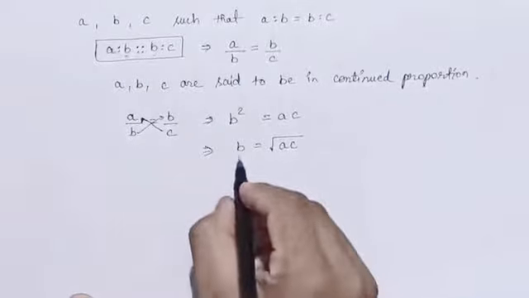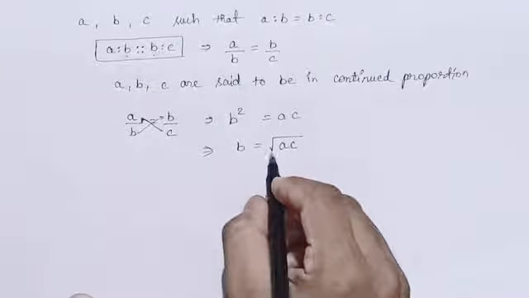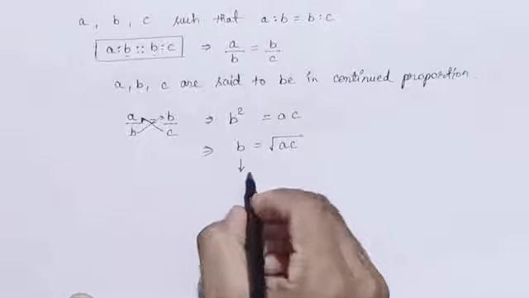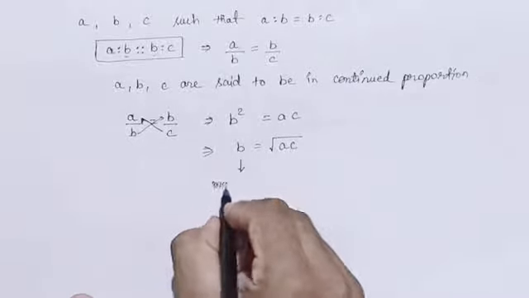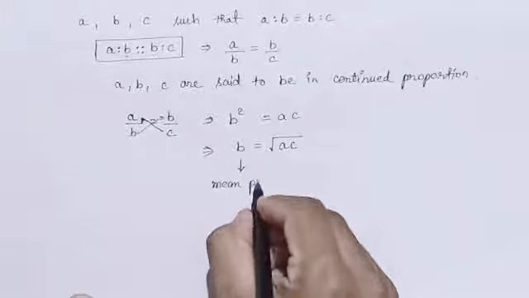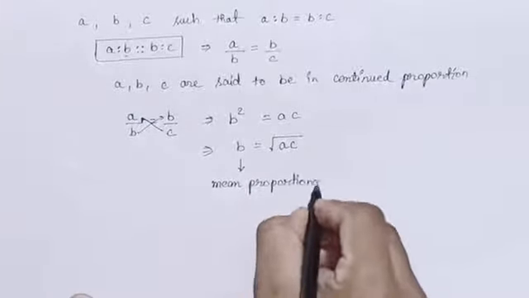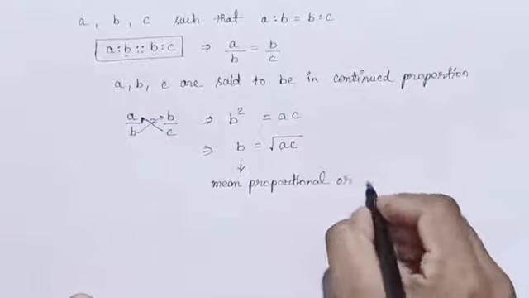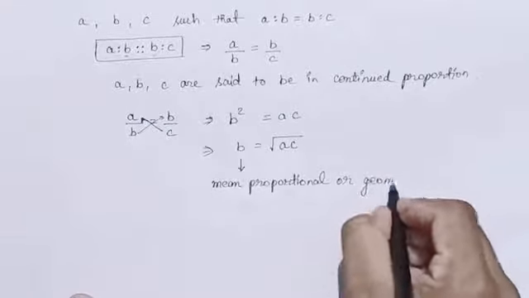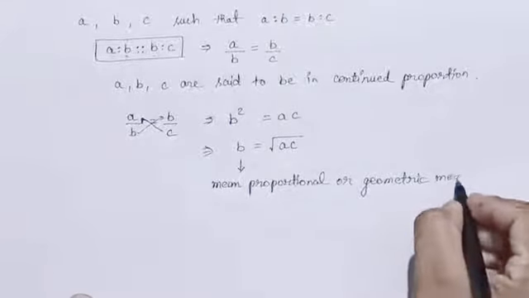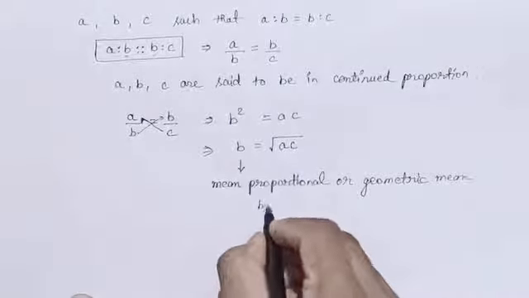Now here, as B is the square root of the product of the two terms A and C, it is known as mean proportional or geometric mean between A and C.